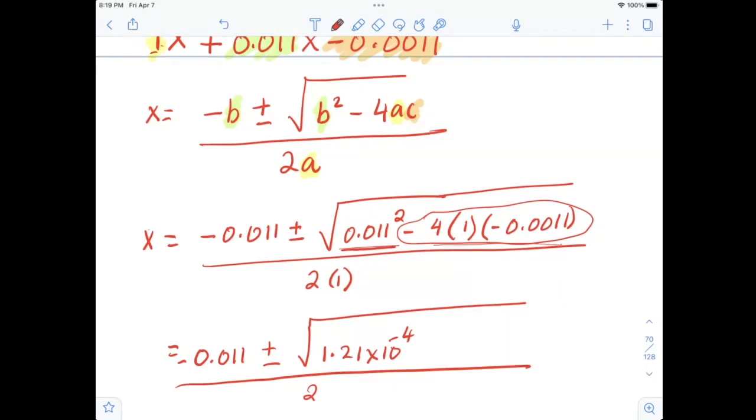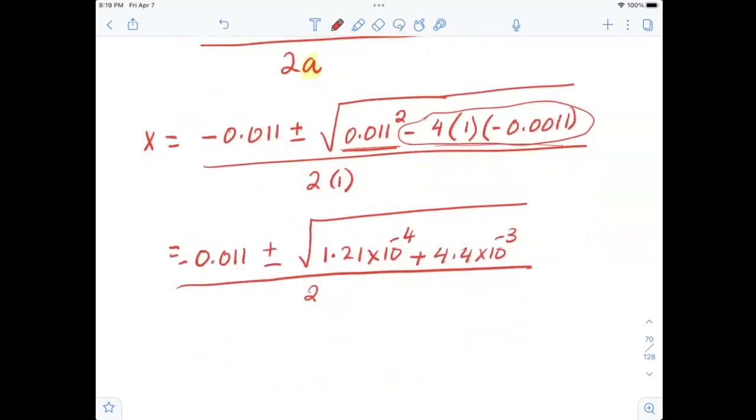This is supposed to be minus. That's what I did. Let me try it over again. Negative 4 times negative 0.0011, close parentheses. Okay, now it works out. And I end up with a positive 4.4 times 10 power negative 3.